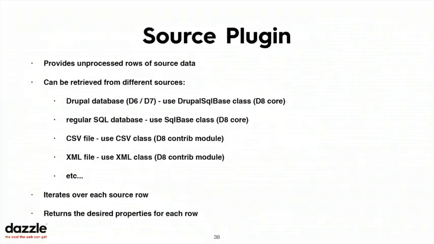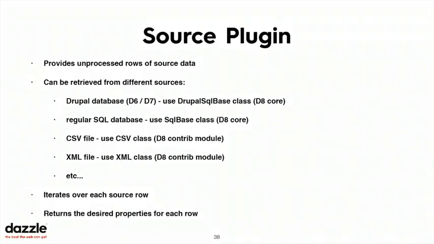So if we look a bit closer into the source plugins, Drupal core comes with a few of those. They should provide you with unprocessed rows of source data, which can be retrieved from different sources.